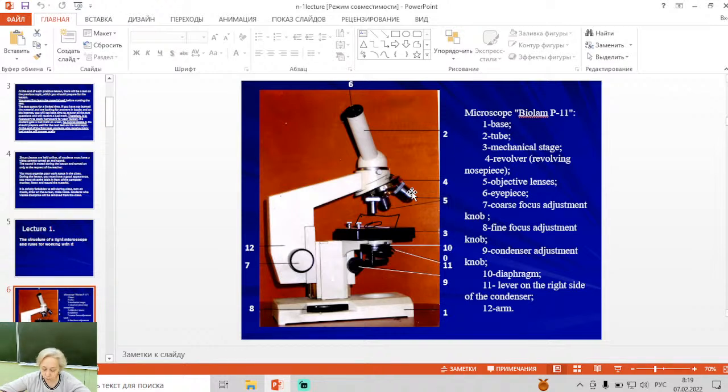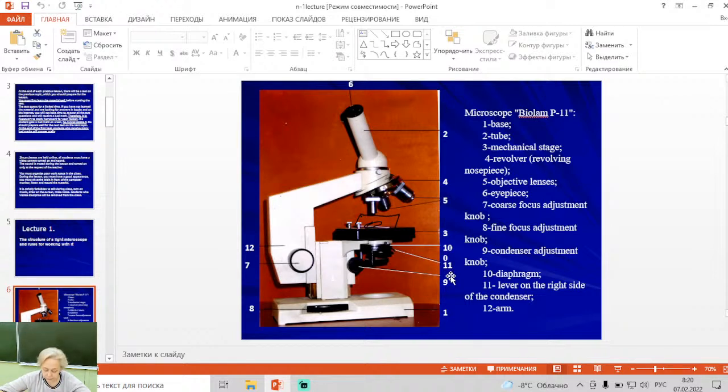The lighting part of the microscope consists of a mirror, or special lighting lamps, not shown on this slide, the condenser and the diaphragm. The condenser includes the diaphragm. The diaphragm is shown in this picture under number 11.